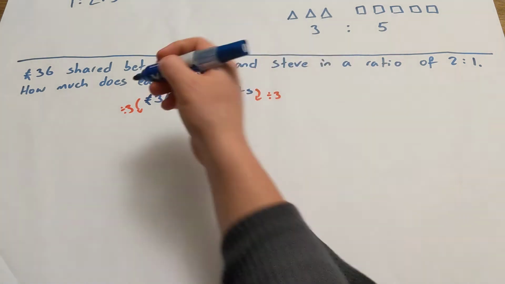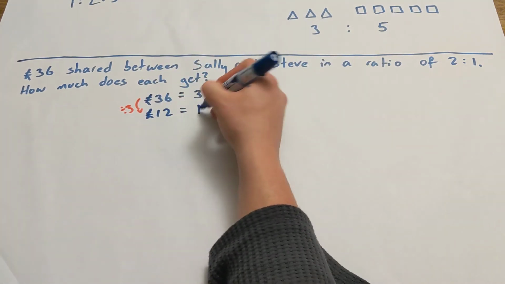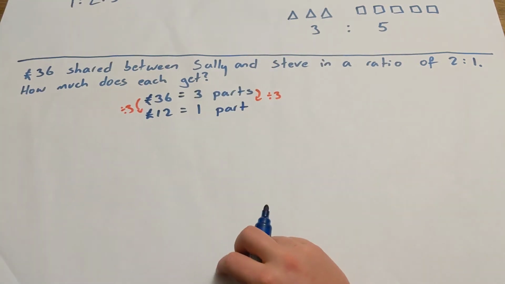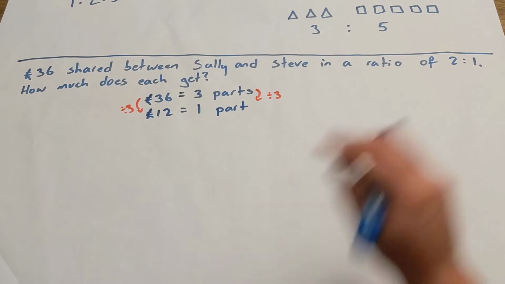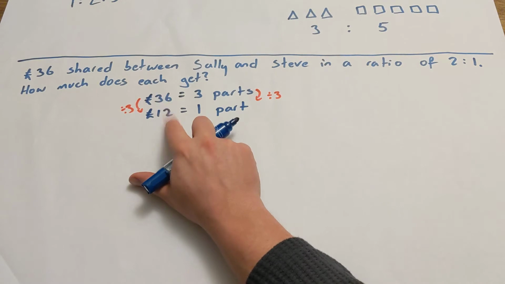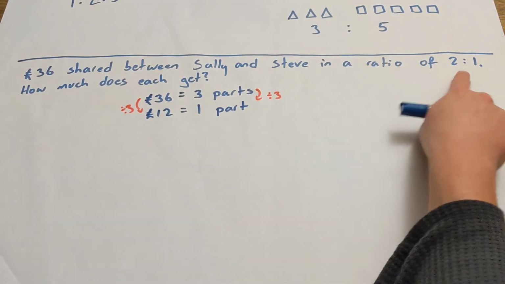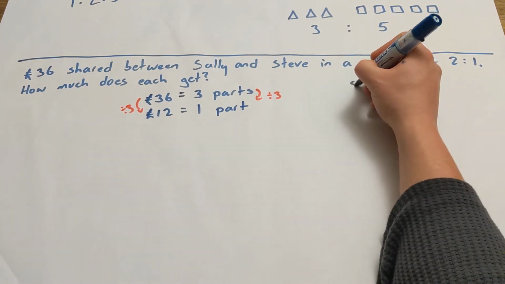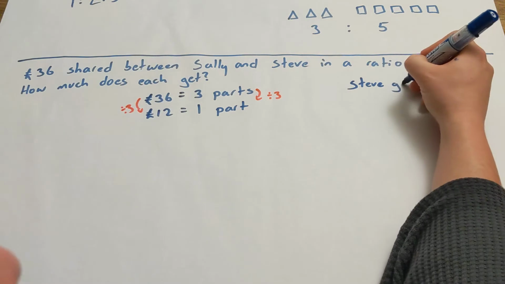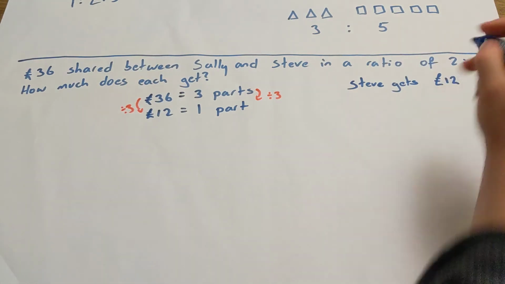If I do that, that means £12 equals 1 part. So I know, whatever the ratio has been shared in, 1 part of that ratio is equal to £12. Whoever's getting the 1, that's Steve. That means Steve gets £12.